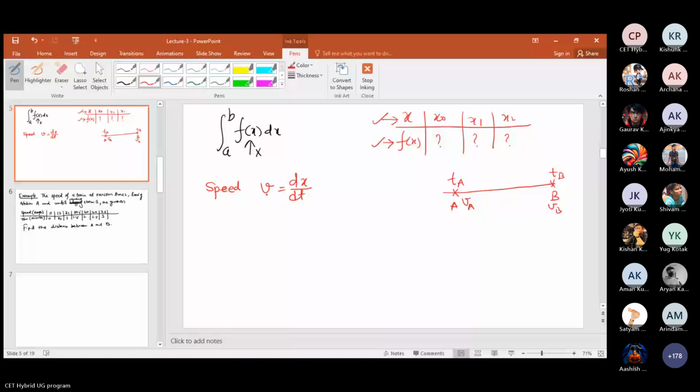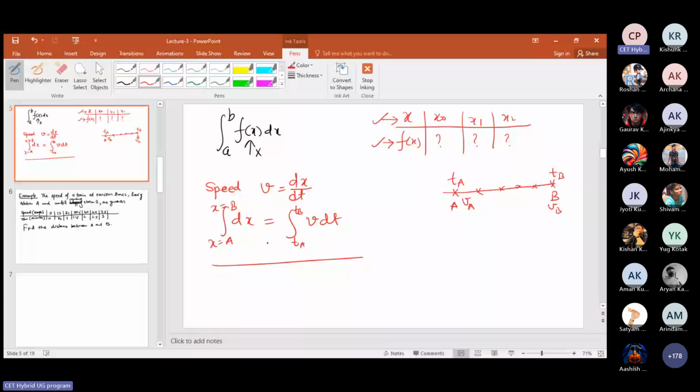So from here, V eventually is a function of time, because at different points different values of time are given. So what we do here is that dx, पोजीशन A से पोजीशन B के बीच में अगर हमको dx पता करना है, तो वो क्या हो जाएगा, dx इज इक्वल टू v dt, यहां से हो जाएगा। और ये चूंकि t की वैल्यूज है, तो वो ta से tb के बीच में हो जाएगी, बिकॉज ta पोजीशन A पे टाइम है, और पोजीशन B पे tb टाइम है, तो यहाँ पे t की लिमिट्स ta से tb के बीच में हो जाएंगी। और यहाँ पे x की लिमिट a से b के बीच में। तो a से b के बीच में निकालना है, देन यू हैव टू यूज दिस फार्मूला, that integral dx is equal to integral v dt.